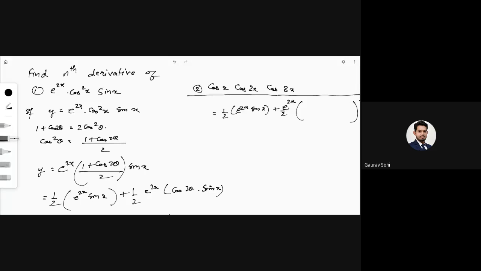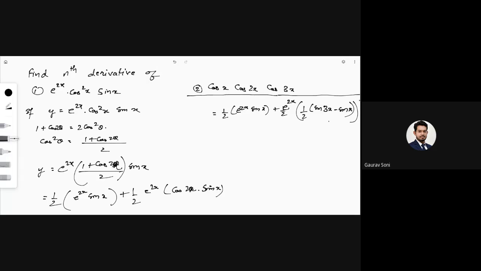Multiply by 2 and divide by 2, and then we can make it in the form of sin a plus b minus sin a minus b. So what we will get here is 1 by 2 sine of 2x plus x, so that will be 3x, minus sine of x.